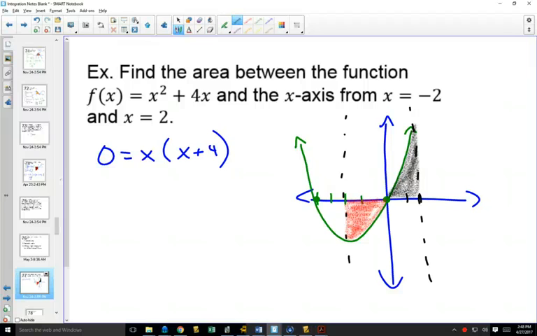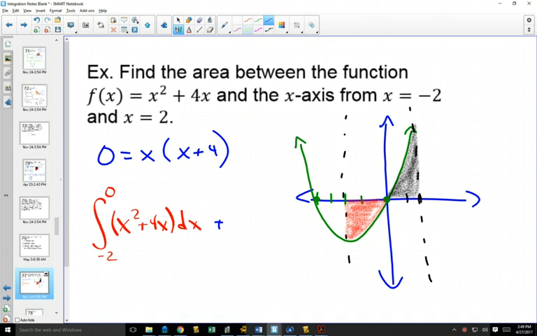So when we separate this up as our integral, we're going to have the integral from -2 to 0, because that's where our x-intercept is, of x squared plus 4x dx, plus our integral from 0 to 2 of x squared plus 4x dx.